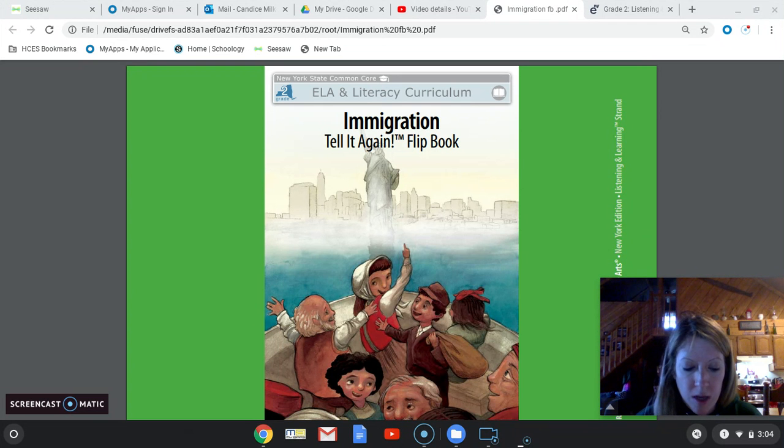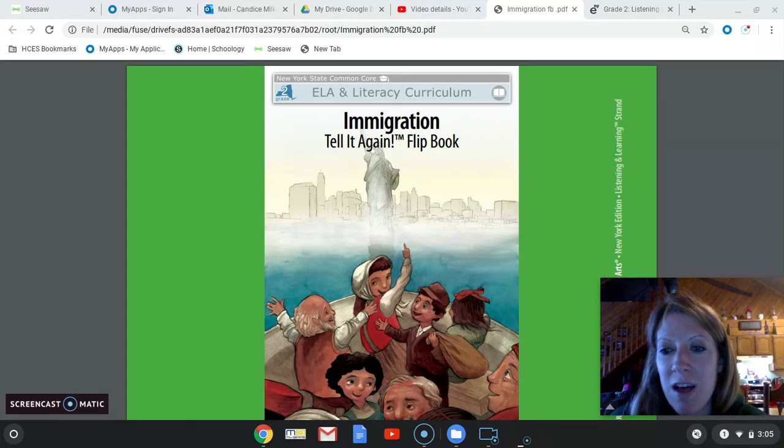As students learn about the early years of immigration to the United States and the rights and responsibilities of citizens, they will be introduced to new vocabulary and concepts that will help them understand why the United States is called the land of opportunity.